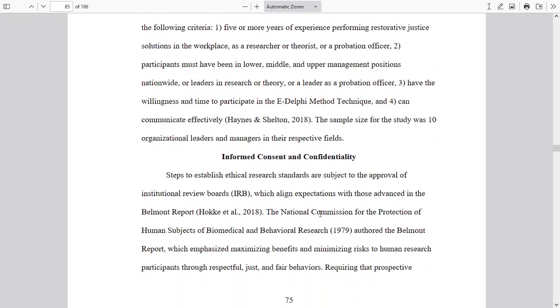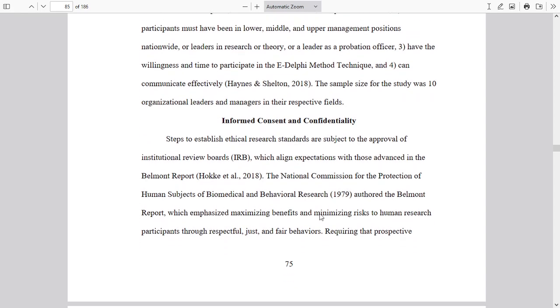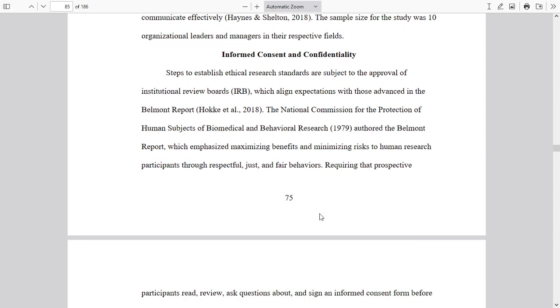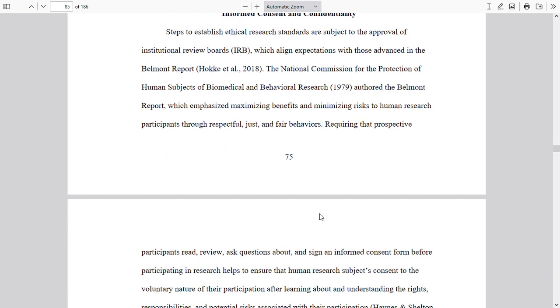Now, informed consent, I'm not really going to go over that. That was just pretty much standard, but I'll allow you to read it.